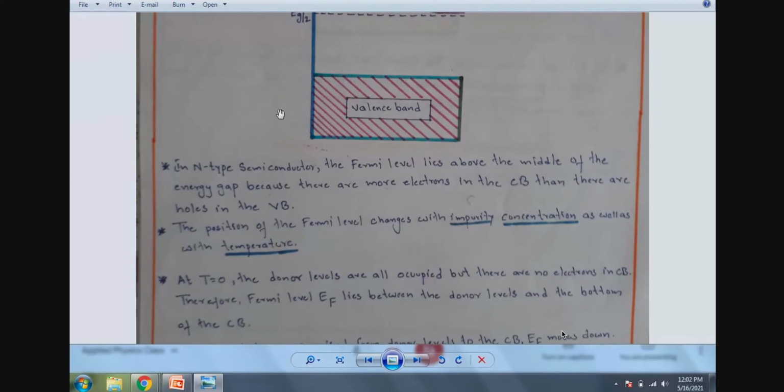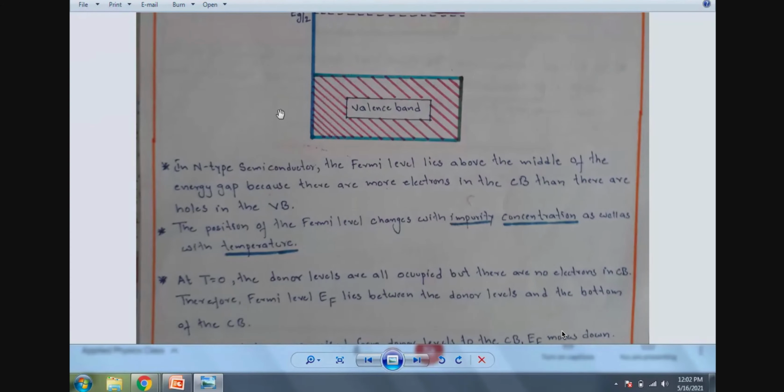Similarly, putting Ea minus Ev is equal to delta E, this is the ionization energy of the acceptor atoms. So finally you got minus delta E by kT. Now if you put T is equal to 0 in equation 4, what happens?